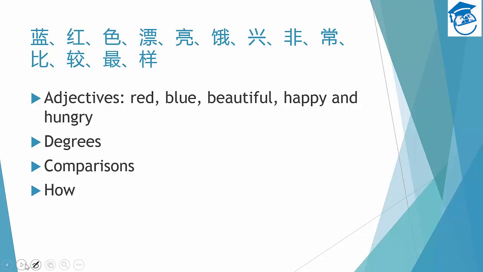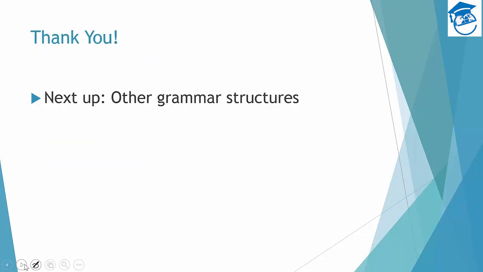Okay? Next one is gonna be about other grammar structures before we move to the types of topic. So by then, when you finish the next lesson, I will begin to expand your vocabulary, because other than the grammar structures that I've shown you, the other types are quite rare.